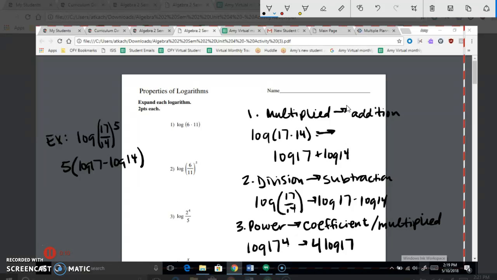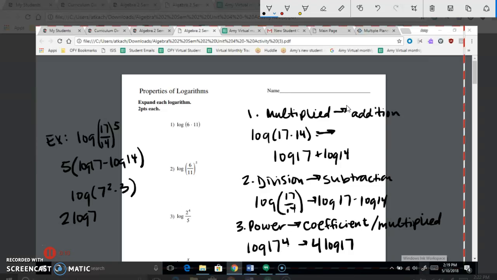Or you might have something that's, let's say, log of 7 squared times 3. Then the multiplication right here is going to become addition, but there's also a power here. So the 2 becomes the coefficient of log of 7.